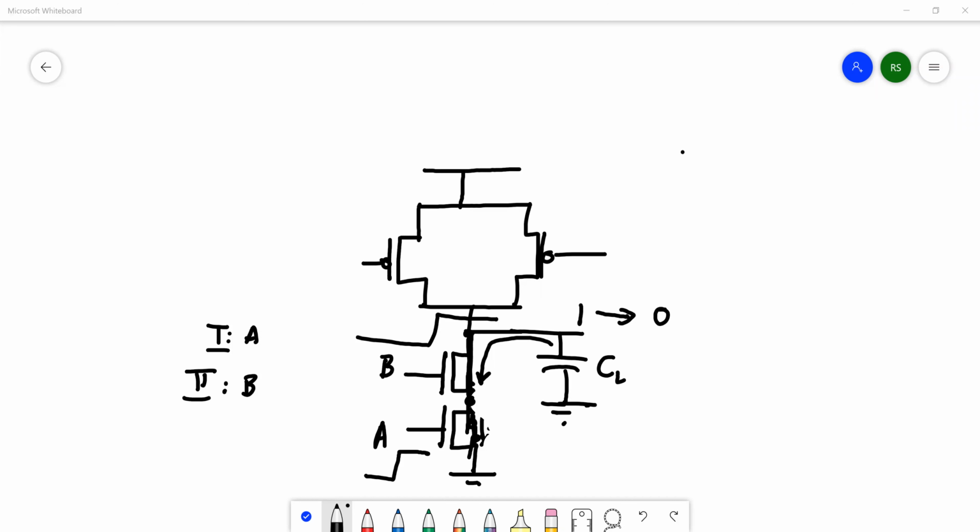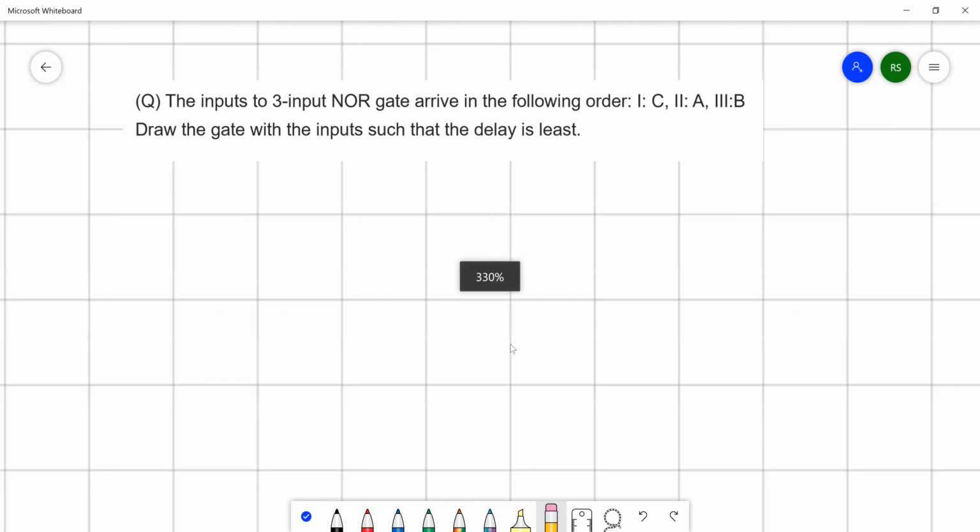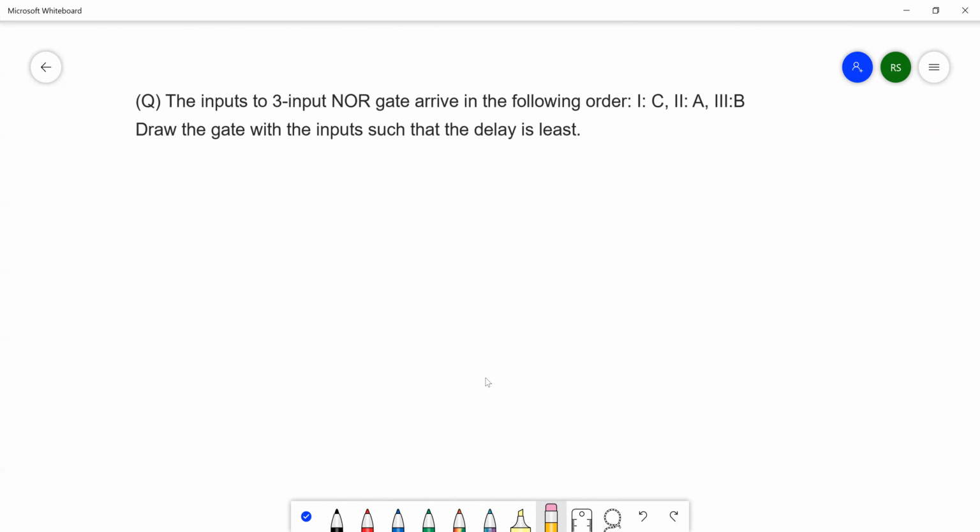So I'll just quickly copy and paste this question and we'll try to solve it. Okay, so this is the question. The 3-input NOR gate. So let us first draw that gate.